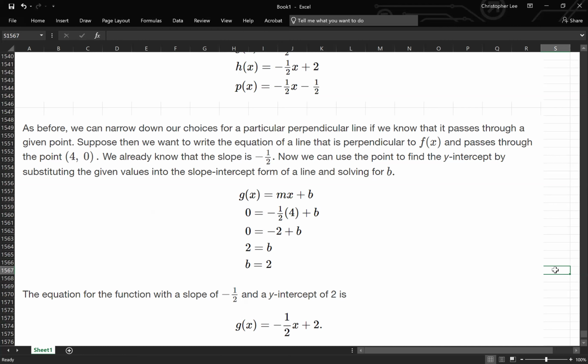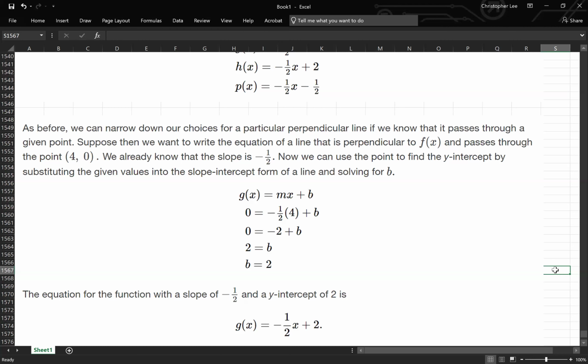Now we can use the point to find the y-intercept by substituting the given values into the slope-intercept form of the line and solving for b. So g of x equals mx plus b, plug in the negative reciprocal, plug in the x and the y value, solve for b, which is the y-intercept. Boom, boom, boom, we got b is equal to 2.